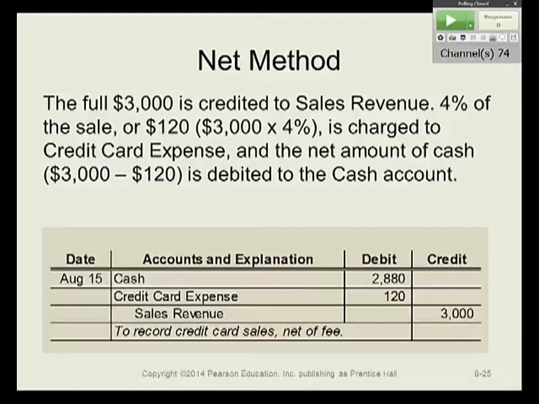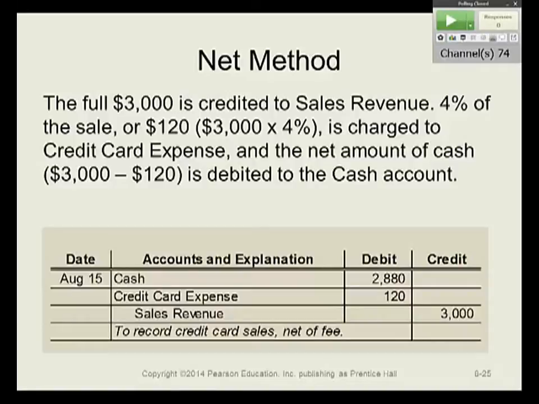The 4% is the fee, or $120, and I'm going to collect the net amount maybe in a couple of days, but I record this cash right now. I know I'm going to get it. So I record it immediately and deduct the fee, and you debit the credit card expense and credit sales for the full amount. That is what we mean by the net method. You deduct the fee immediately on the date of the sale, which was August 15th.